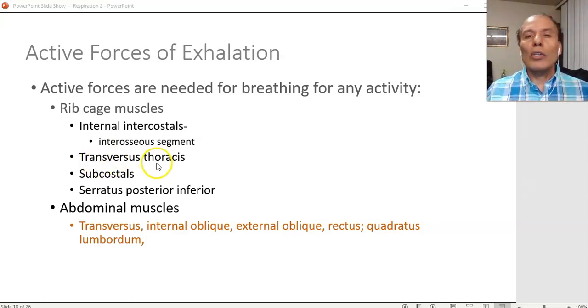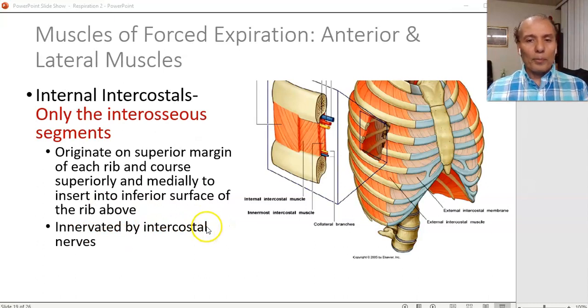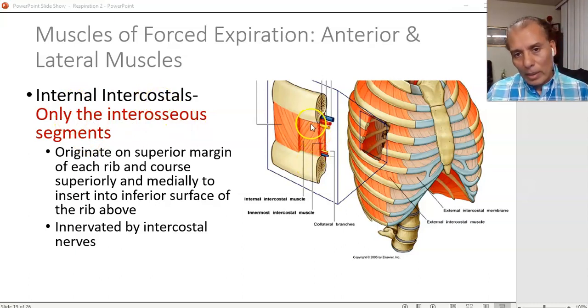And then the transversus thoracis, subcostal muscles, and then you have serratus posterior inferior, and then we have the abdominal muscles. So here, the anterior and lateral muscles. First, we begin with the internal intercostal muscle, and that is in the middle here.